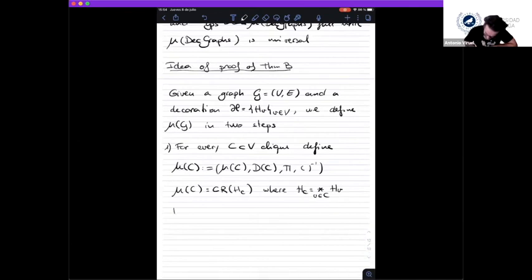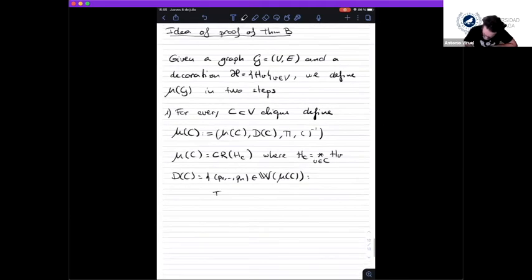And then D of C are just words in M_C, P_1, ..., P_n, such that when we make the multiplication of P_i to P_k, this again is in M_C, for 1 less or equal than i less or equal than k less or equal than n.